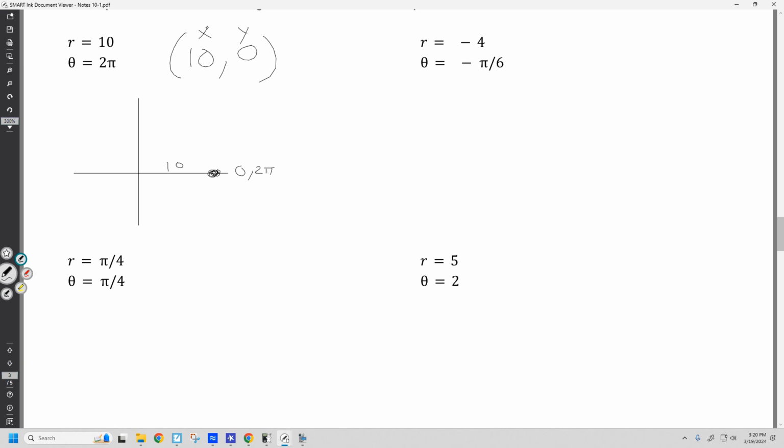So your signs are wrong. Pay attention to the direction we're going. If anybody's making mistakes here, it is with the signs.